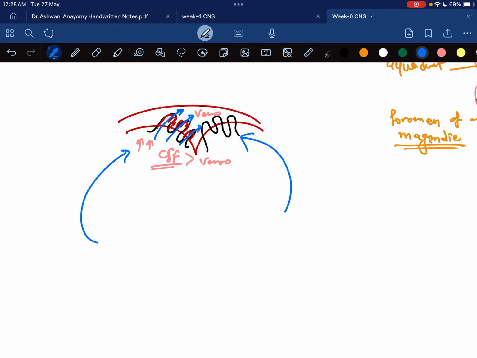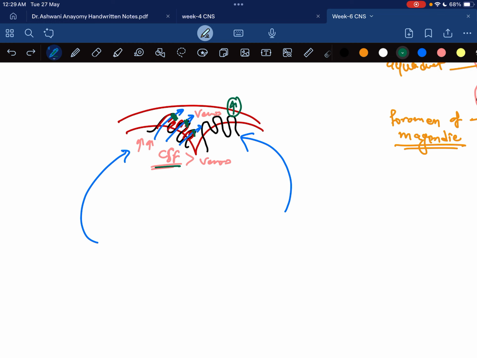If there is any pathology or any cause that increases the venous pressure more than the CSF, there is a blockage of this pump. No venous blood is passing through.